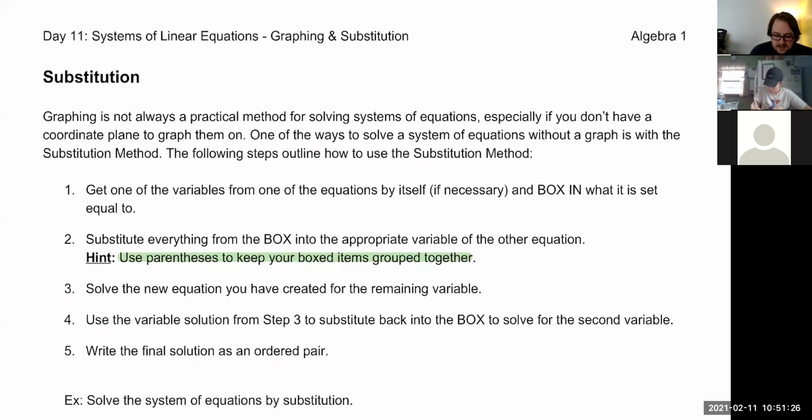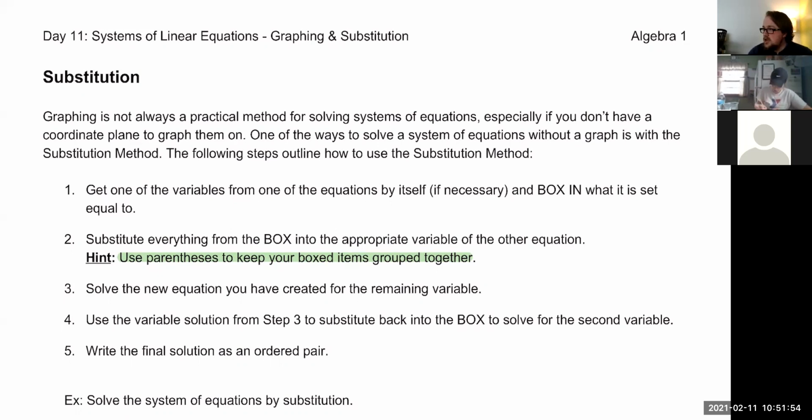So once you've made that substitution, you're going to have a really new hybridized equation that I want you to solve. And you're going to notice that that new equation has only one variable remaining. Once you get that solution, step 4 says to use that variable solution that you got in step 3 and take it all the way back to step 1 where you have that box and do another substitution.